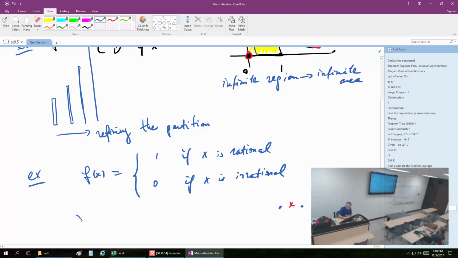Say s is irrational, then there is a sequence xn of rational numbers that converges to it. In fact, we discussed at some point how we find a sequence of rational numbers converging to an irrational number.